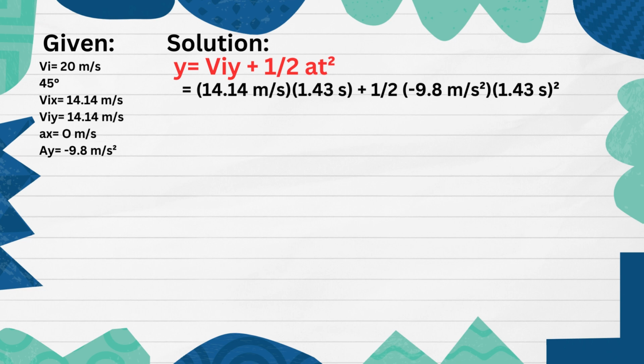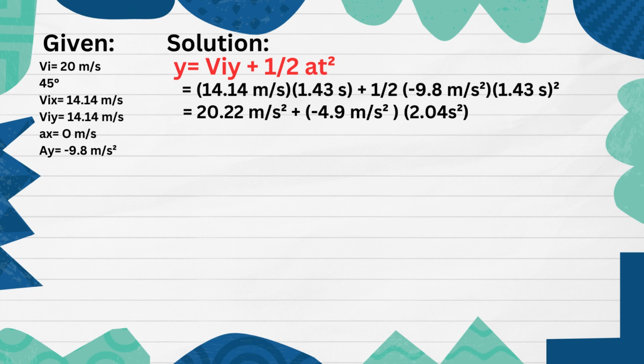Then, the next we can solve is, we're going to multiply 14.14 times 1.3. The answer will be 20.22. Then, multiply one half by negative 9.8 m/s squared. The answer will be negative 4.9 m/s squared, and square the 1.43. The answer will be 2.02 s squared.